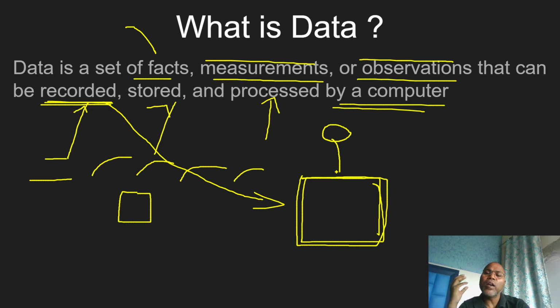Whatever you can see, whatever you can listen to, we can tell the system, hey, this is the information, store it. Similarly, what we can smell, taste, or feel from our skin.